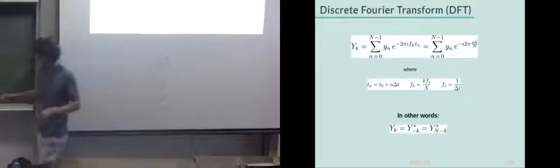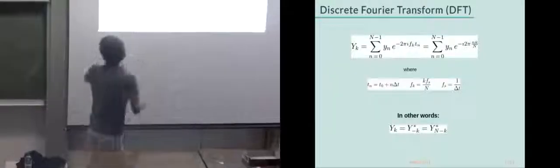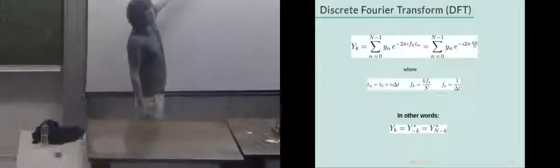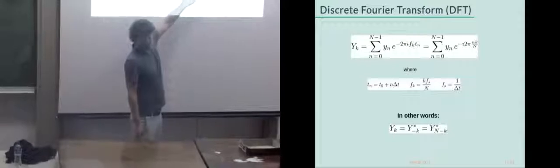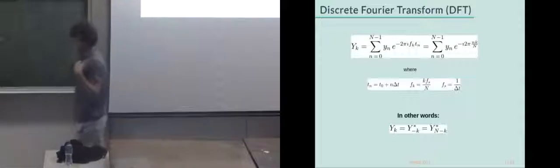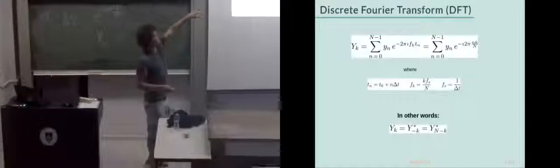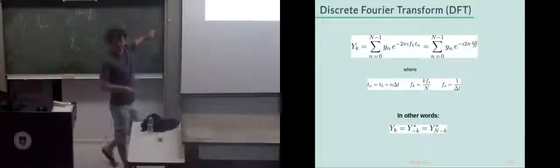Okay, so this is the Hermitian part, and then if it's also periodic, then I can add N. We're going to see what this does to the signal a bit later on. It applies to real valued signals, so that's only when y_n is real. Otherwise, if you take the complex conjugate, y_n is no longer the same.